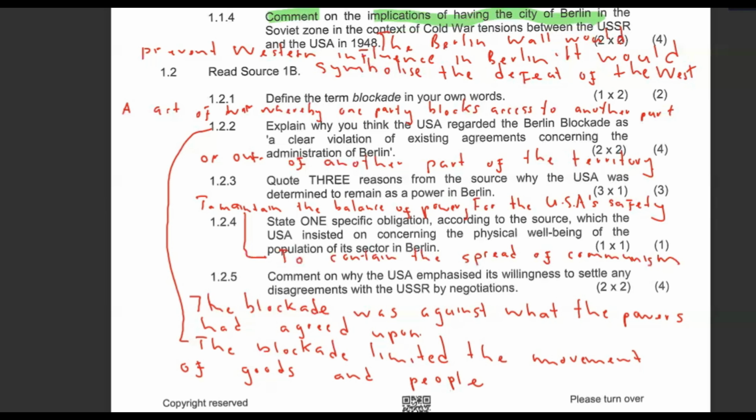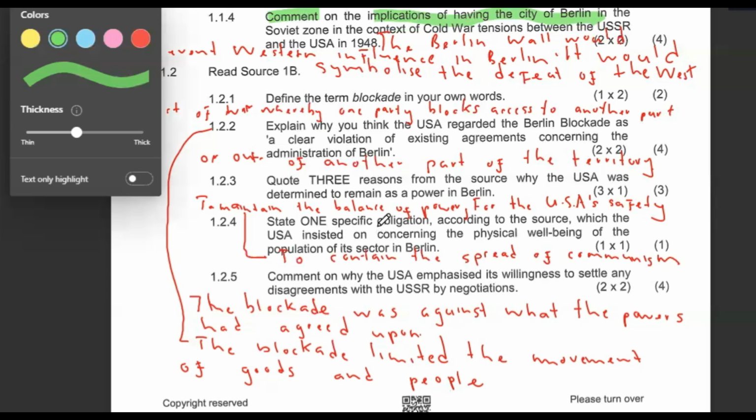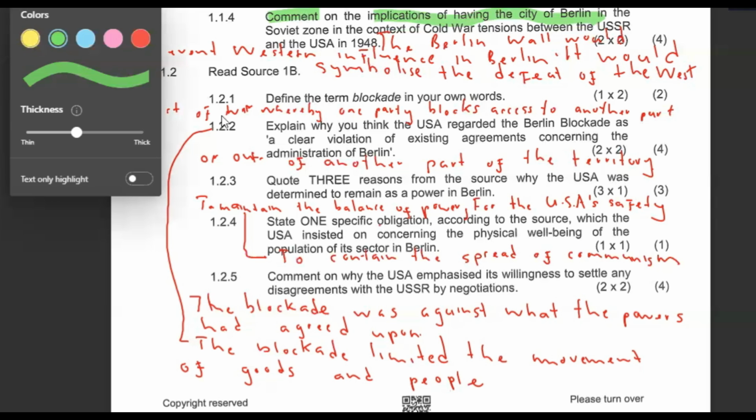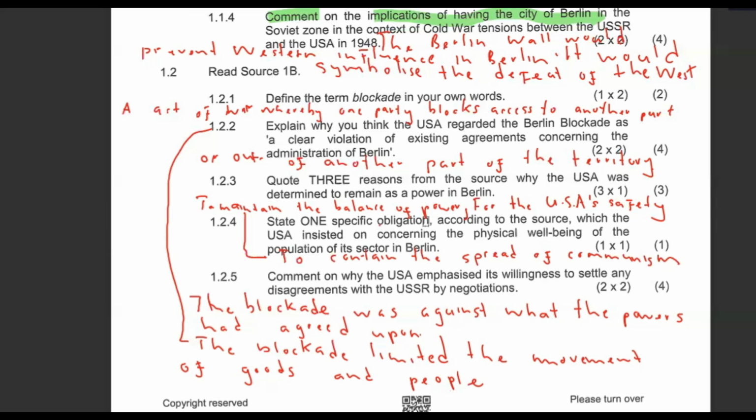State one specific obligation. So we need to highlight this keyword, obligation. What does the term obligation mean? When we talk about an obligation, we are talking about a responsibility. So the United States of America, according to them, had a specific obligation, which we find in the source.